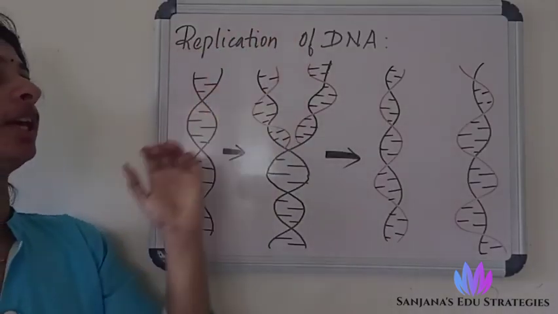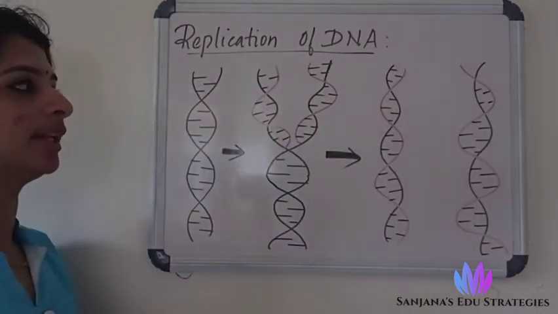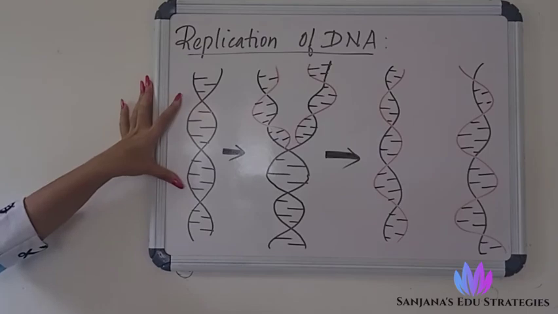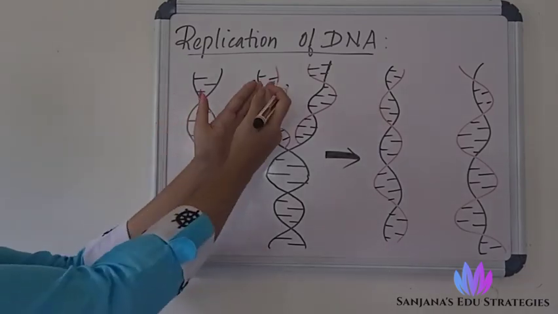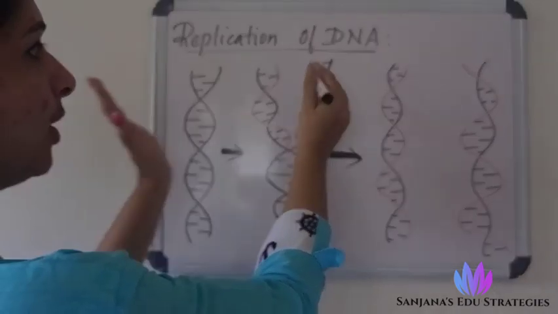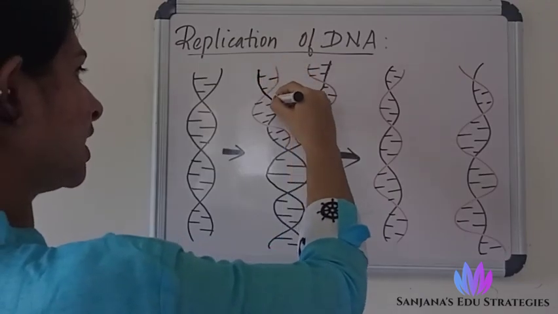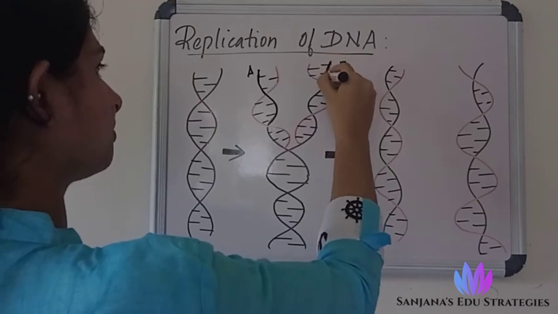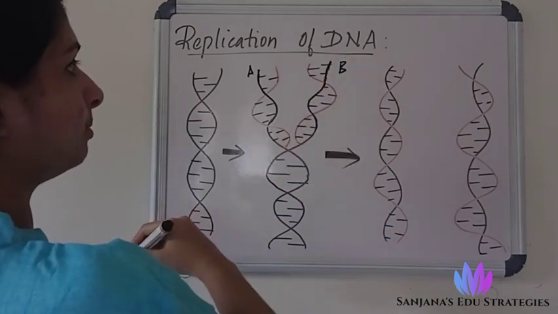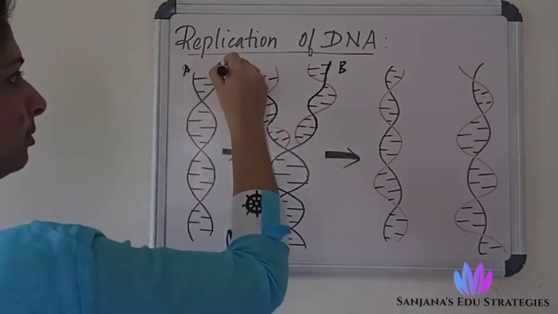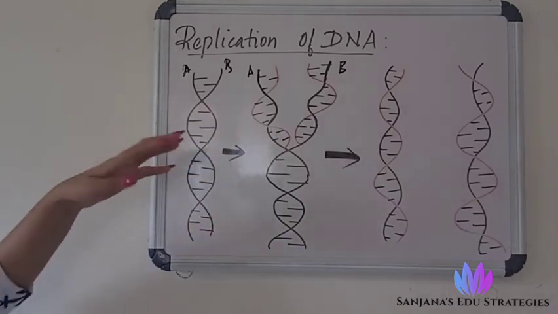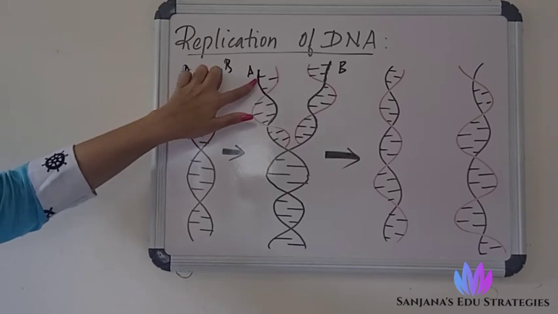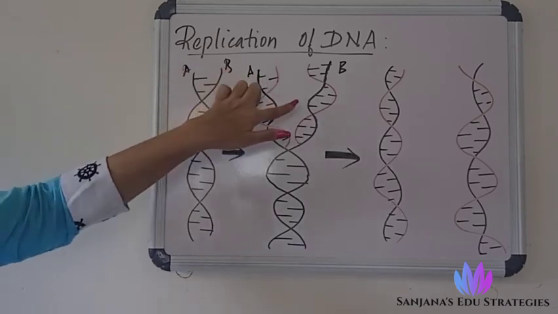Now we are going to see about the replication of DNA. So this is a double-stranded DNA. What happens is, this double strand splits. You can see how it splits. This is one strand, strand A. This is strand B. So it splits, and this single strand A produces a copy of that strand.